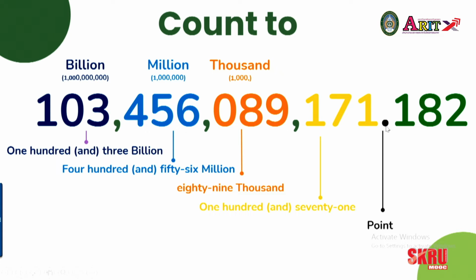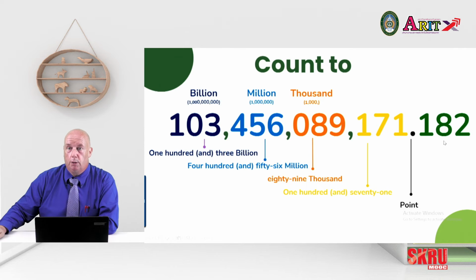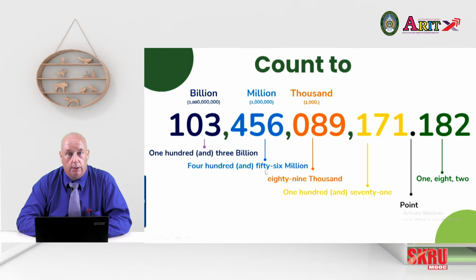A decimal point, anything smaller than that is a part of 1, a fraction. Point, and when we have numbers after a decimal point, we just read each digit, 182.